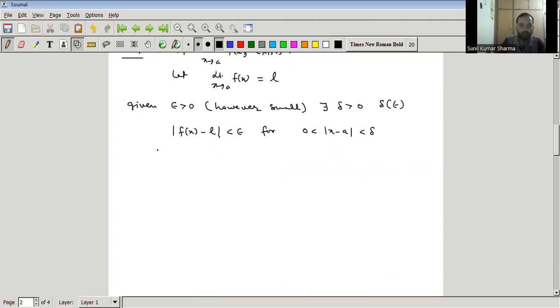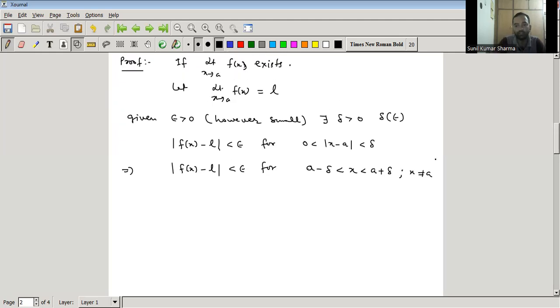Okay. So this implies mod f of x minus L is less than epsilon for, if I open this, we get x lies between a minus delta and a plus delta, but x is not equal to a.